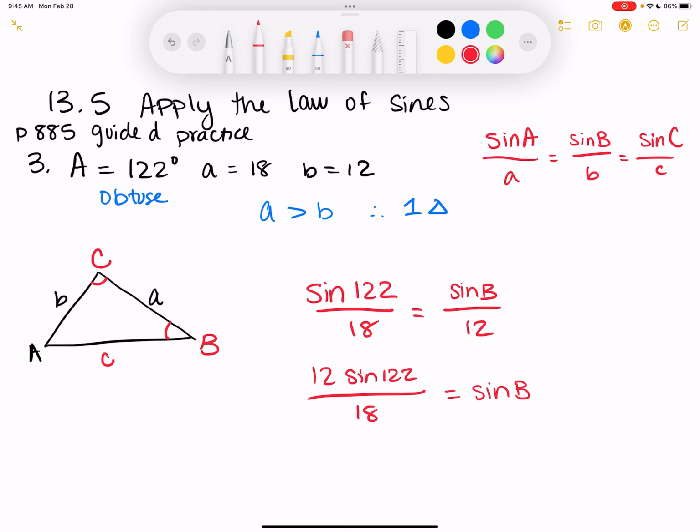I need to find B. What was our last section about? 13.4. Inverse. So B is equal to the inverse sine of 12 sine of 122 over 18.